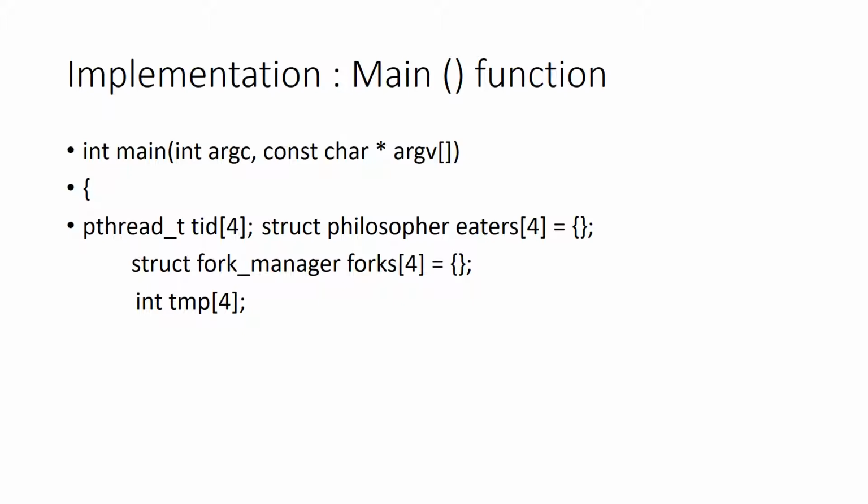The philosophers are an array of 4 structures, and the fork managers are an array of 4 fork managers, which in turn are a pair of a fork structure, the resource, and a mutex variable for accessing it.